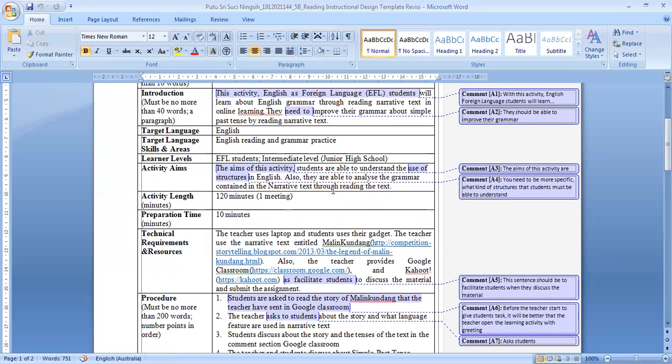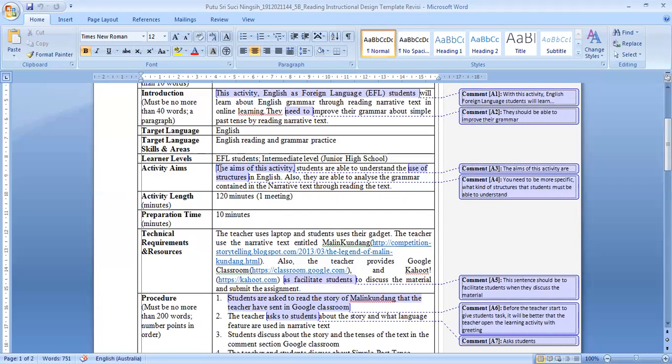Suci, I think you should change this paragraph into points so I and the others can read the activity aims clearly. Okay, I will revise the activity aims.